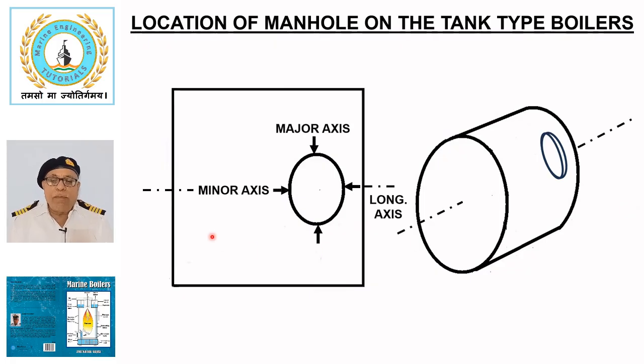Thus, if the manhole is required to be placed on the cylindrical drum, it should be placed with its minor axis in the longitudinal direction as shown in the sketch, which will result in lesser loss of strength.